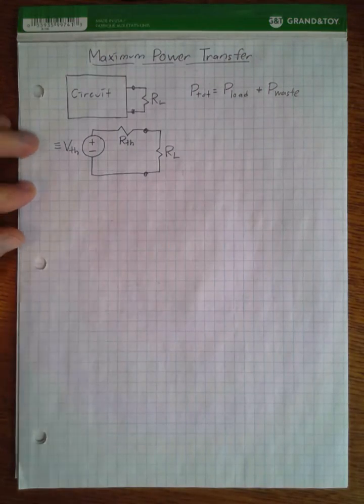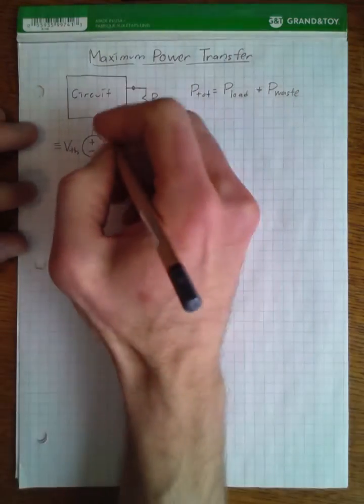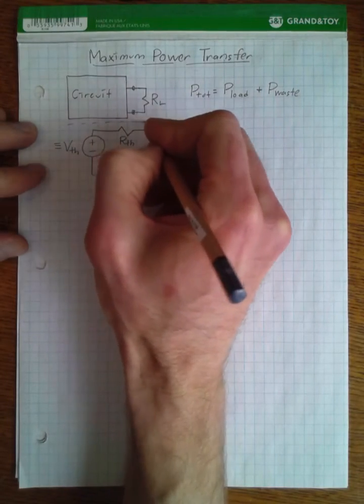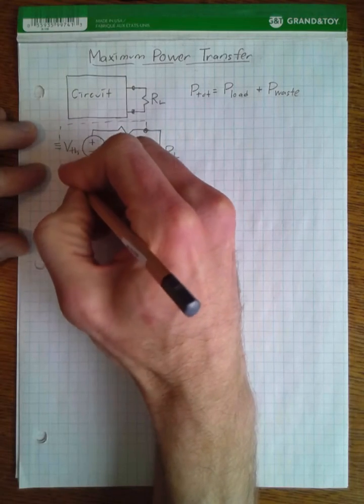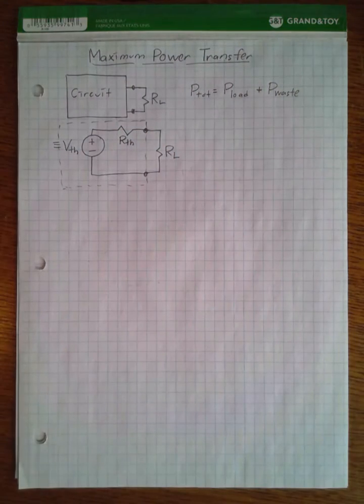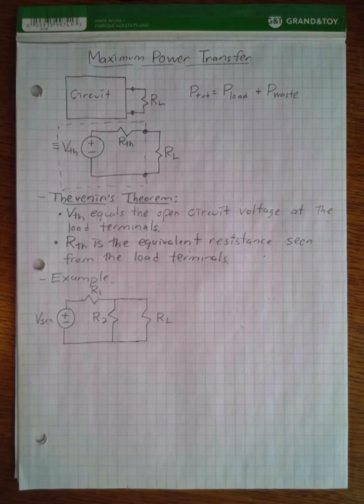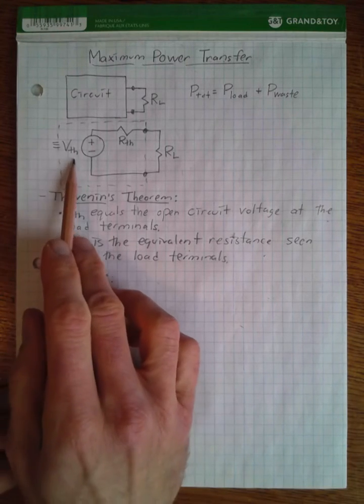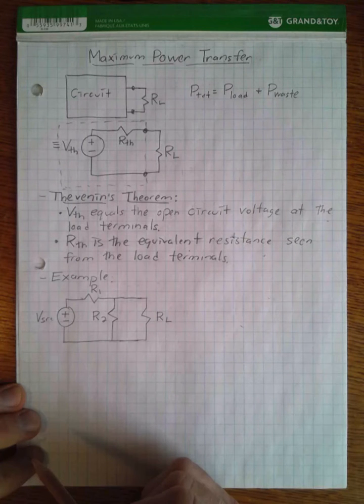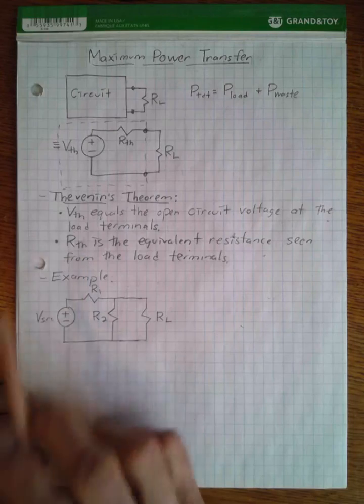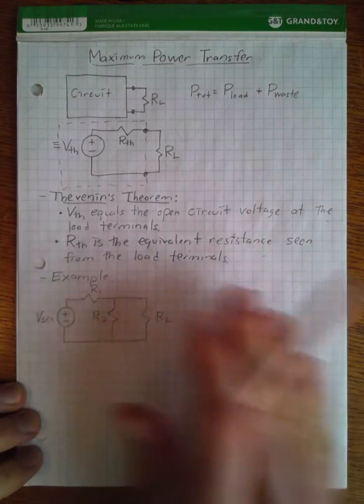And so basically this black box can be represented by the two components inside this dotted box. Okay, so Thevenin's theorem is such that this Thevenin equivalent voltage is equal to the open circuit voltage seen at the load terminals, and the Thevenin resistance is the equivalent resistance seen from the load terminals.